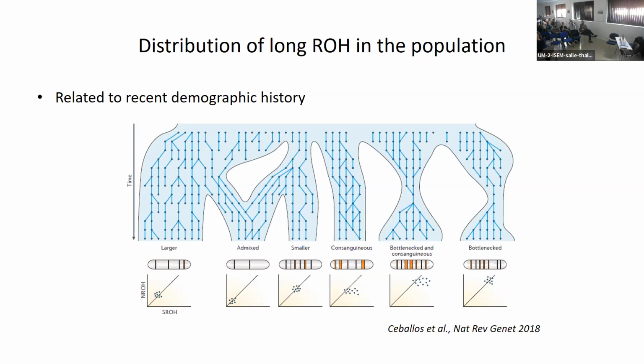So this is I would say the large standard population. You would be here, and if the population gets smaller, you get more runs of homozygosity. If you get a bottleneck, you get even more runs of homozygosity. And if you have admixture, the number of runs of homozygosity will go down. And if you have consanguineous mating in your population, you will tend to have a few longer runs of homozygosity.